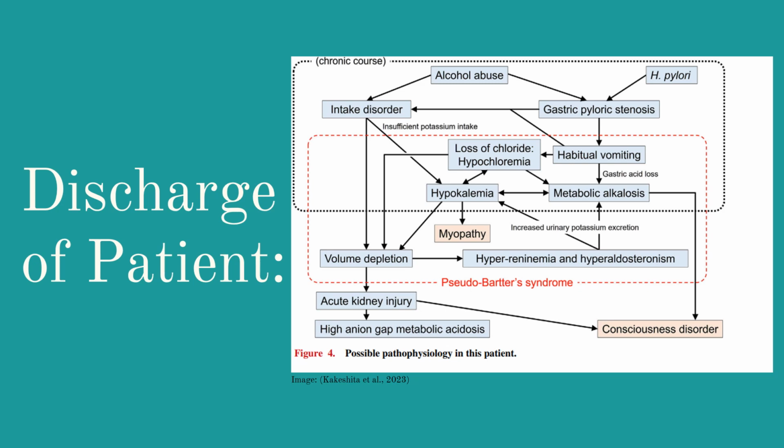When they discharged the patient, it was finally on day 16. Serum chloride levels were at 106 milliequivalents per liter, and serum potassium levels were at 4.2 milliequivalents per liter.